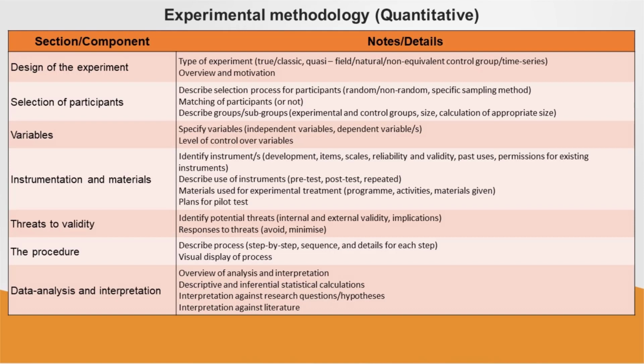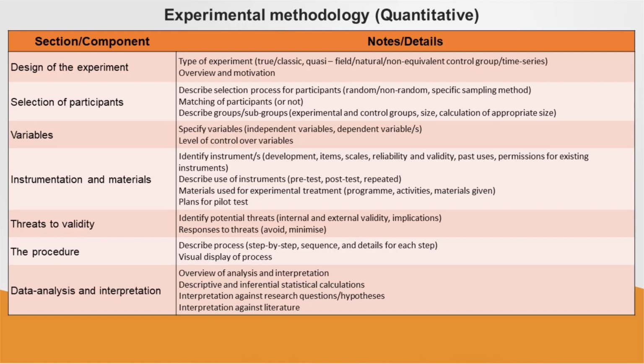You can also have a subsection for threats to validity: identify the potential threats, like threats to internal and external validity and the implications of these threats, and responses to the threats, like how they will be avoided or minimized. And last, the procedure is like the data collection procedure. Describe the process step by step, the sequence of events, and the details of each step.